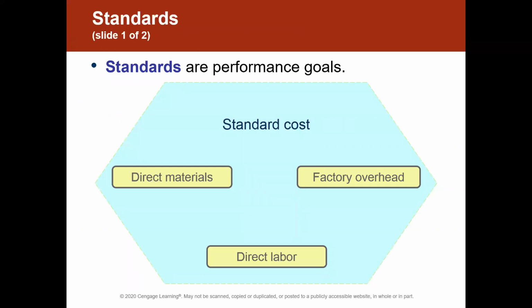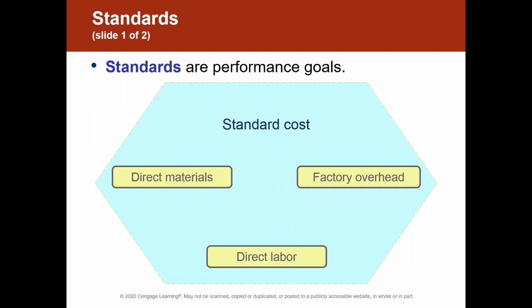So what are cost standards? They are goals. This is what we hope to achieve. So they help us with our budgeting. This is exactly what we think should happen.